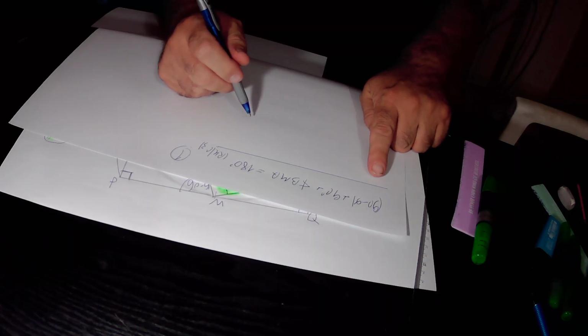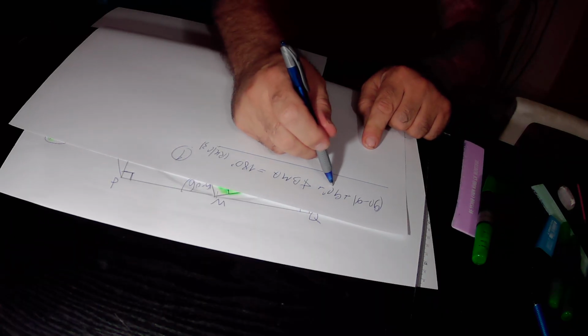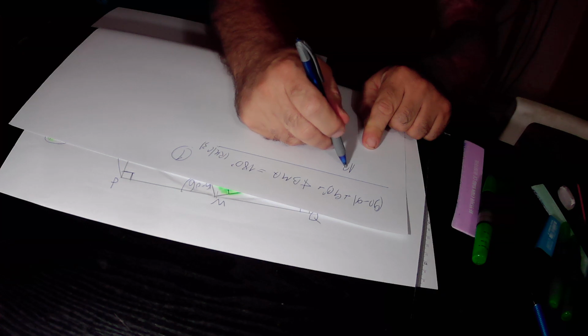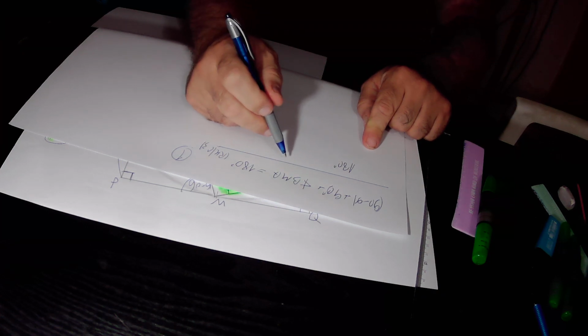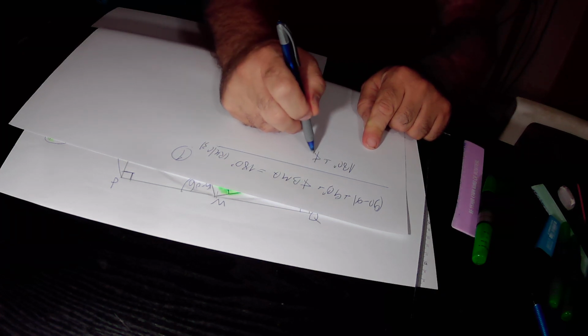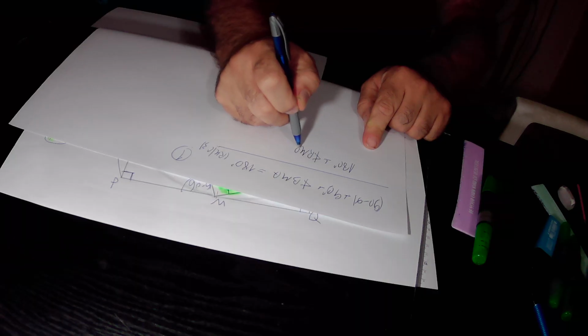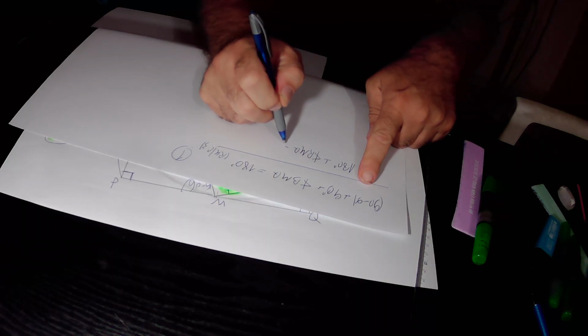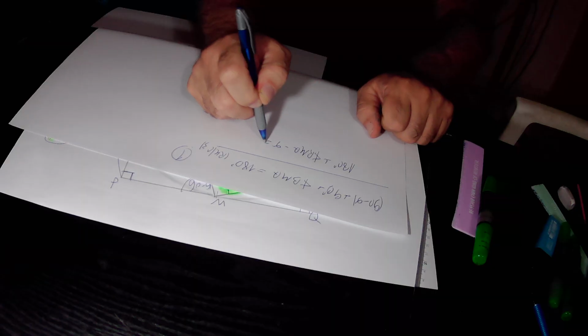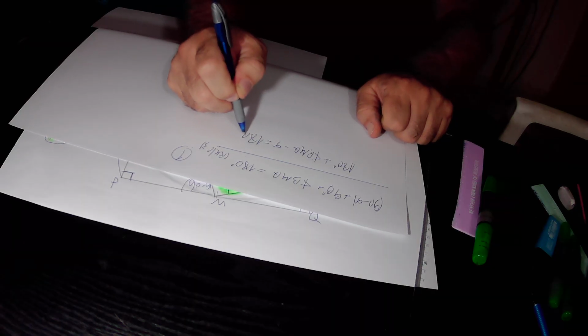In this equation, we have 90 degrees plus 90 degrees, it is 180 degrees, plus the missing angle BMQ minus alpha is equal to 180 degrees.